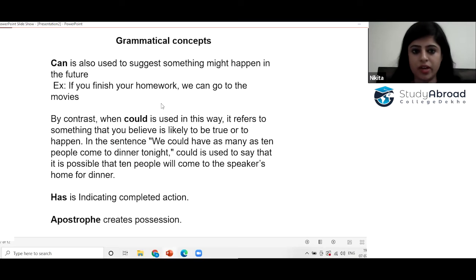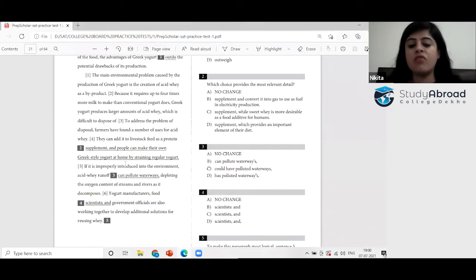If you want to have a look again, can is something might happen and could is referring to likely to be happen. So definitely we have more of the surety that if it is improperly introduced, then it is actually going to pollute waterways. So definitely A becomes the right answer, which is it can pollute waterways, depleting the oxygen content of streams and rivers as it decomposes.